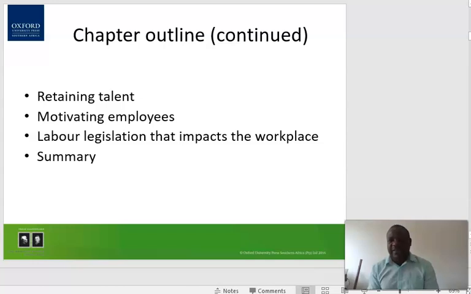This also ties in with what we covered in Chapter 4 when we looked at the legislative acts that have an effect on the workplace, whereby we were saying the environment in which a business operates can actually affect how they operate. We look at legislation there. So we'll now look at the legislative acts that have an impact at the workplace.